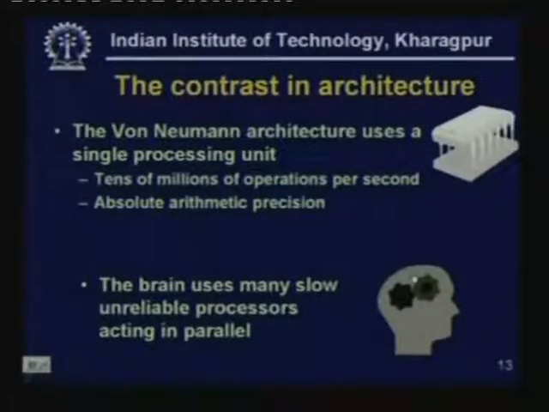The von Neumann architecture used in conventional computing usually comprises a single processing unit which can perform tens of millions of operations per second, and the arithmetic precision is very high. On the other hand, the human brain consists of many slow, unreliable processors that act in parallel.